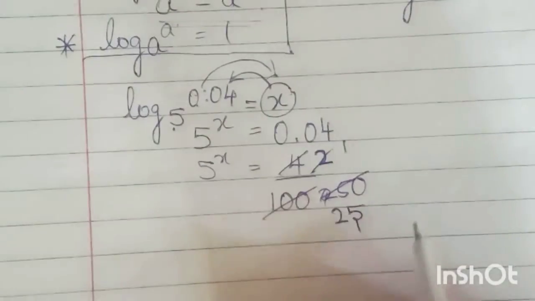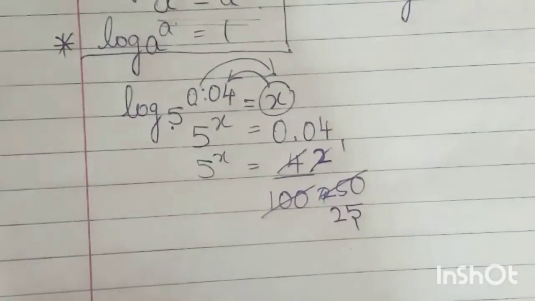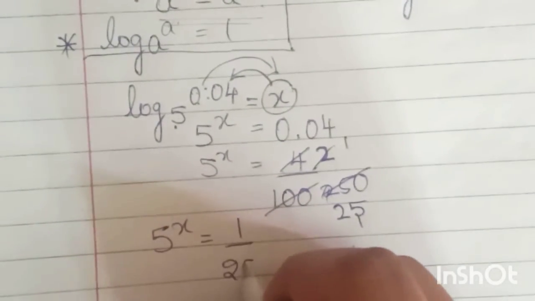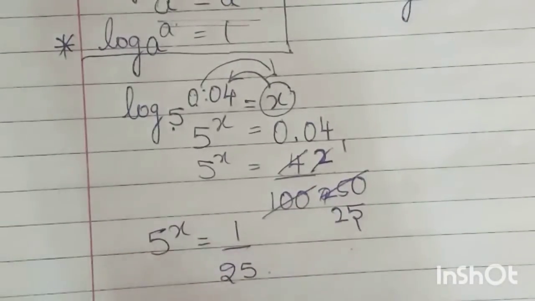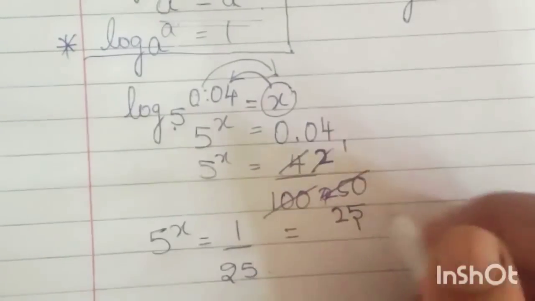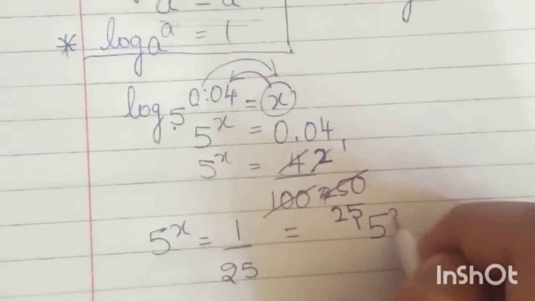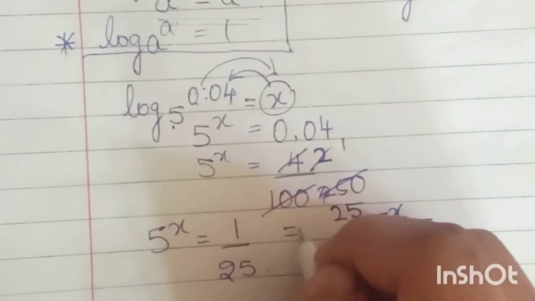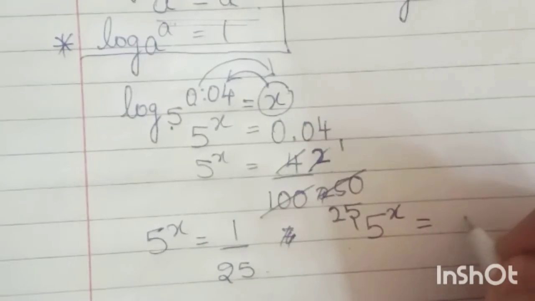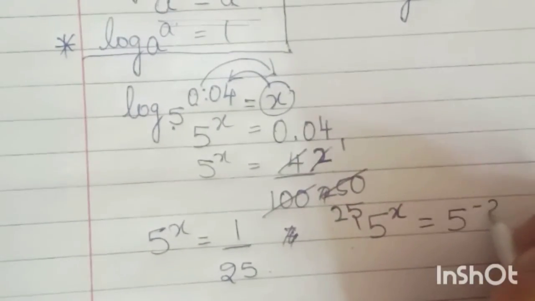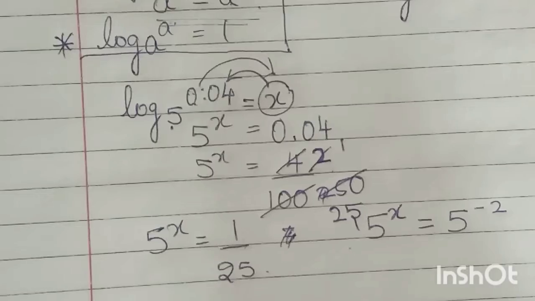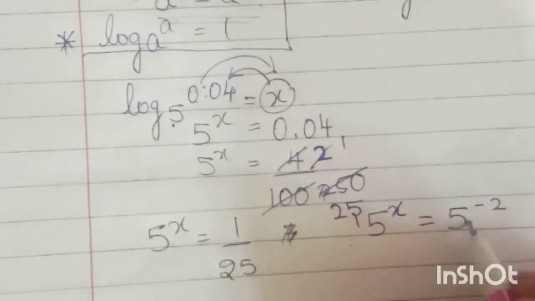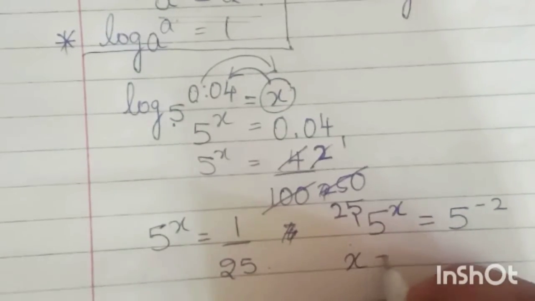When I solve this, I get 1 by 25. So 5 power x is equal to 1 by 25. How can I write this 1 by 25? I can write it as 1 by 5 square, which is 5 power minus 2. So with the base the same, x is equal to minus 2.